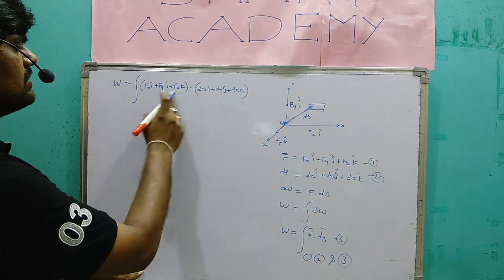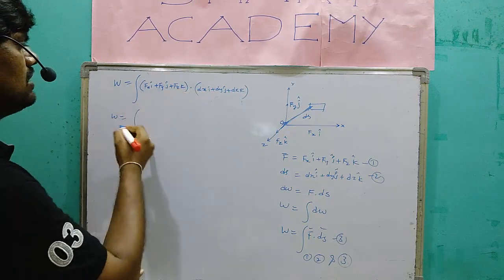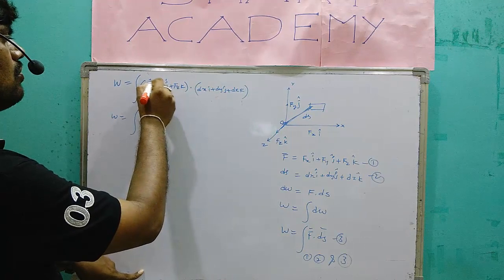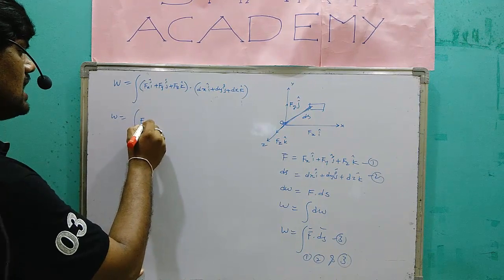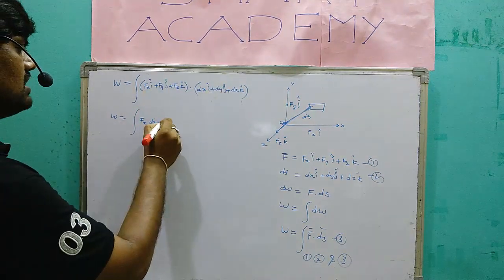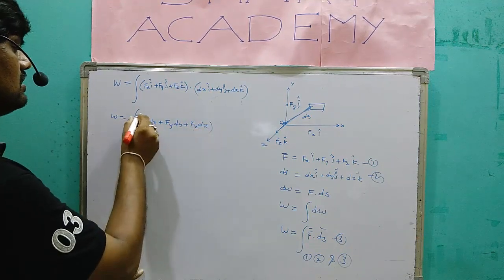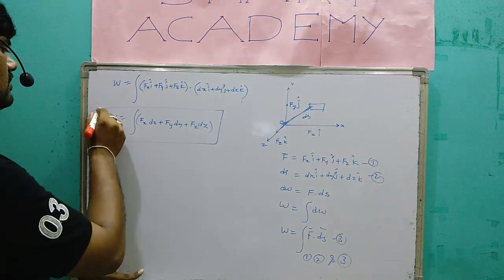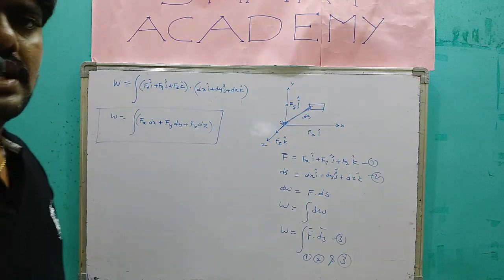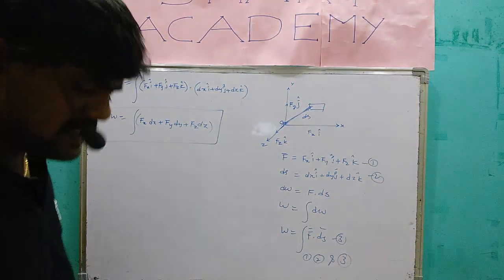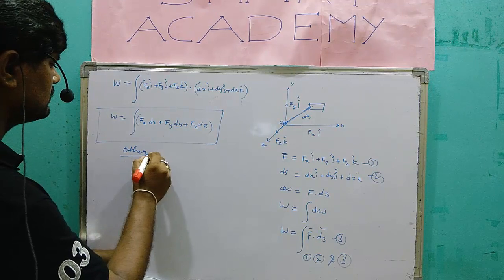Now we apply the dot product between these two quantities. Then we get i dot i value 1. We know that j dot j value is also 1 and k dot k is also 1. So that's why we are getting Fx dx plus Fy dy plus Fz dz. This is the work done when we apply variable forces along the x direction, y direction and z direction.